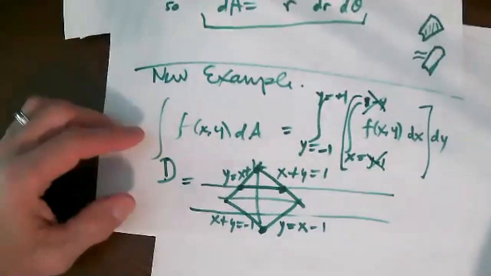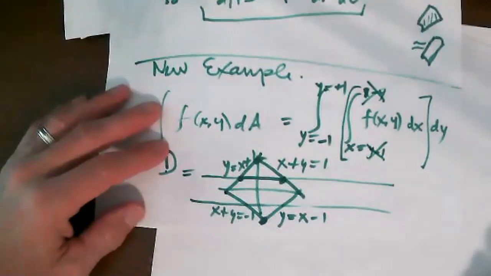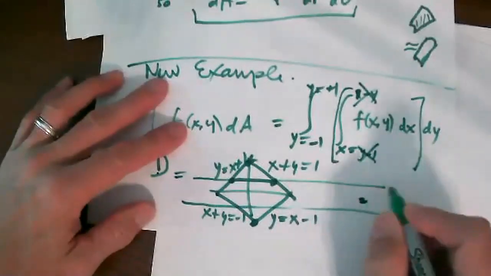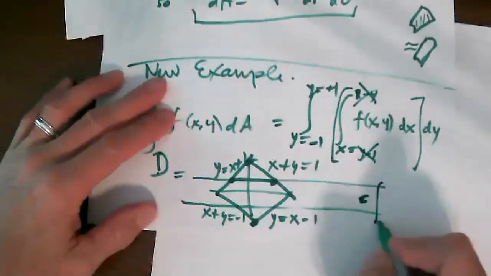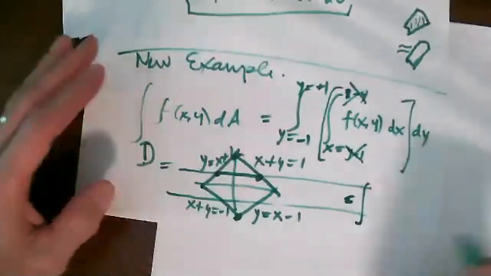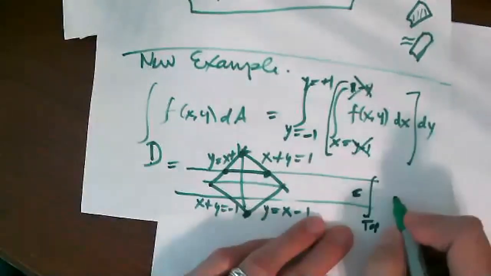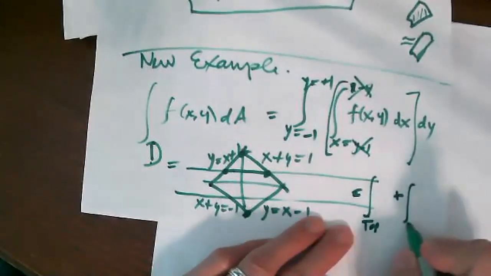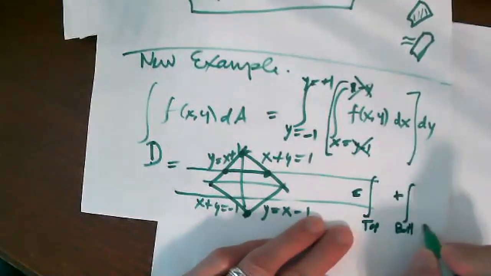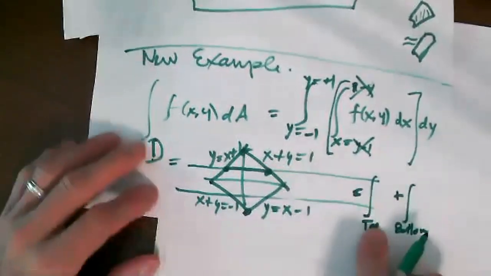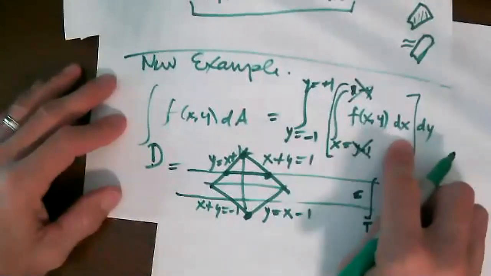In Cartesian coordinates, this has turned into kind of a mess. You would have to write this as a double integral over the top half of the diamond plus a double integral over the bottom half of the diamond. And then on each one of those two separately, you can play exactly this game.